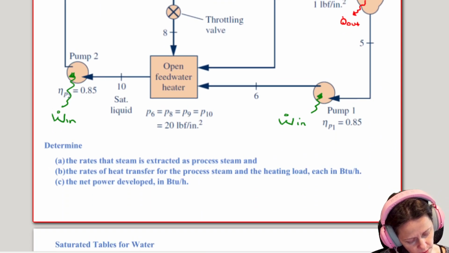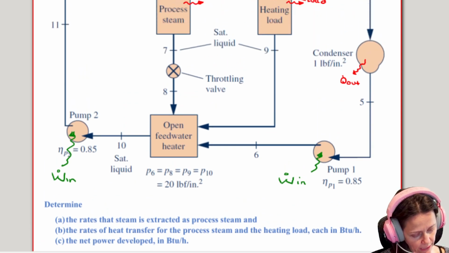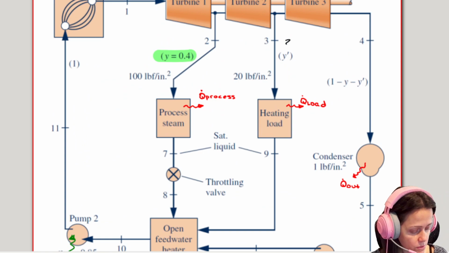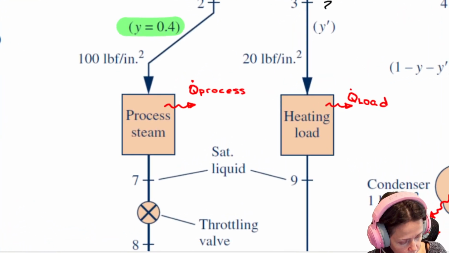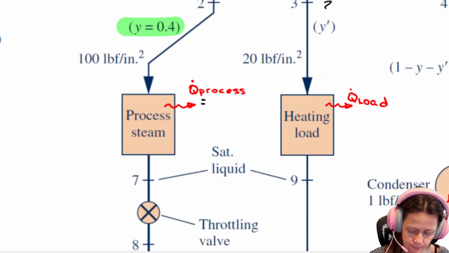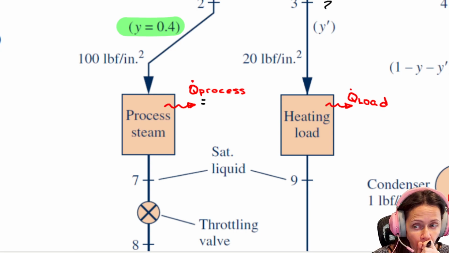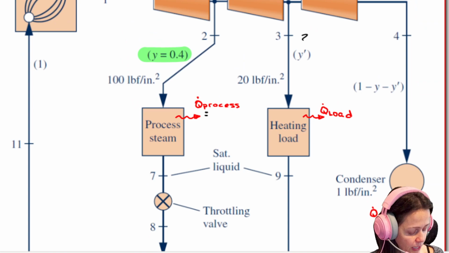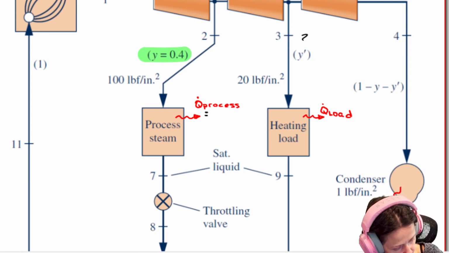So the rate that the steam is extracted as process steam, let's go ahead and get that. The process steam, well, that one's not that bad. If I know all of the h values, this is just going to be the sum of the things coming in minus the sum of the things going out.